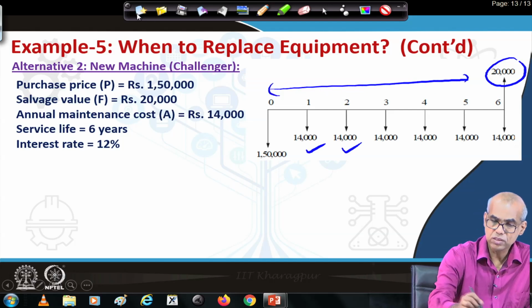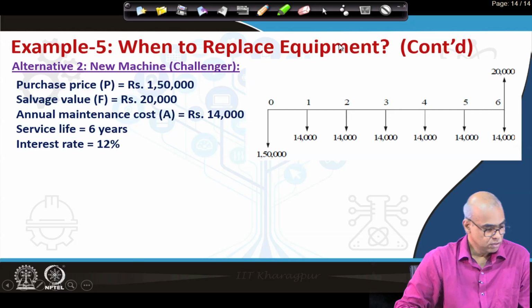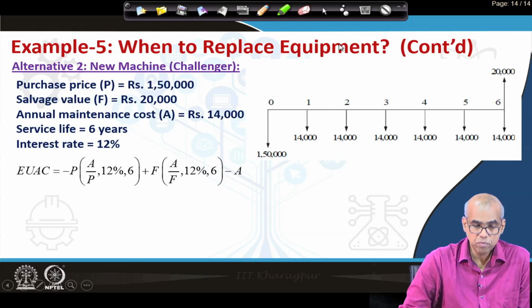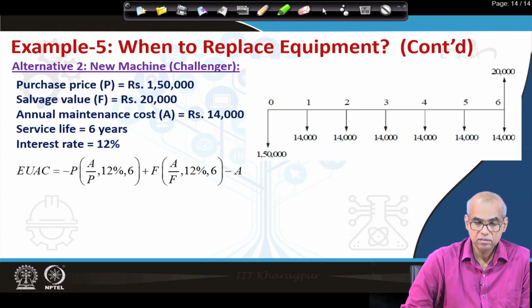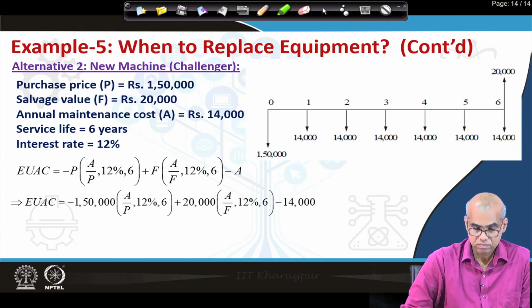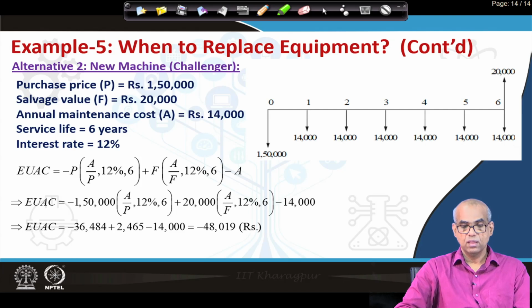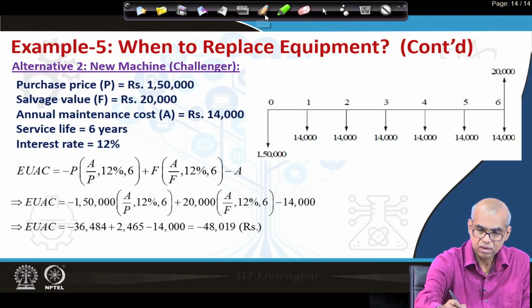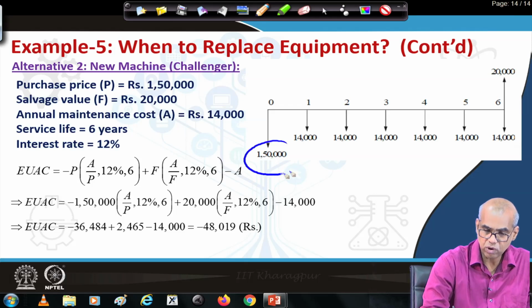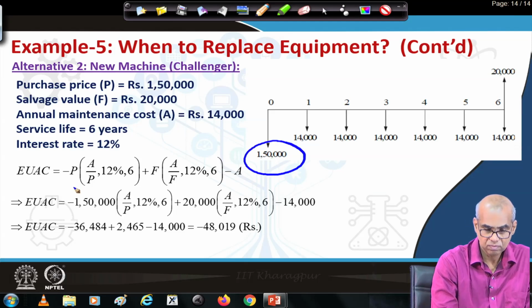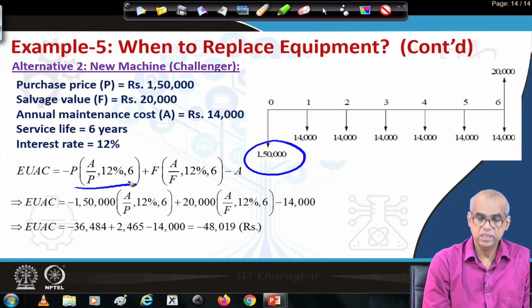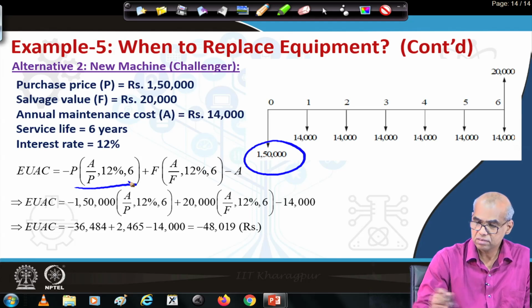Interest rate is 12%. The same way we find out the equivalent uniform annual cost, and we obtain the value as 48,019 rupees. Note that this is annualized over a 6-year period with 12% interest.